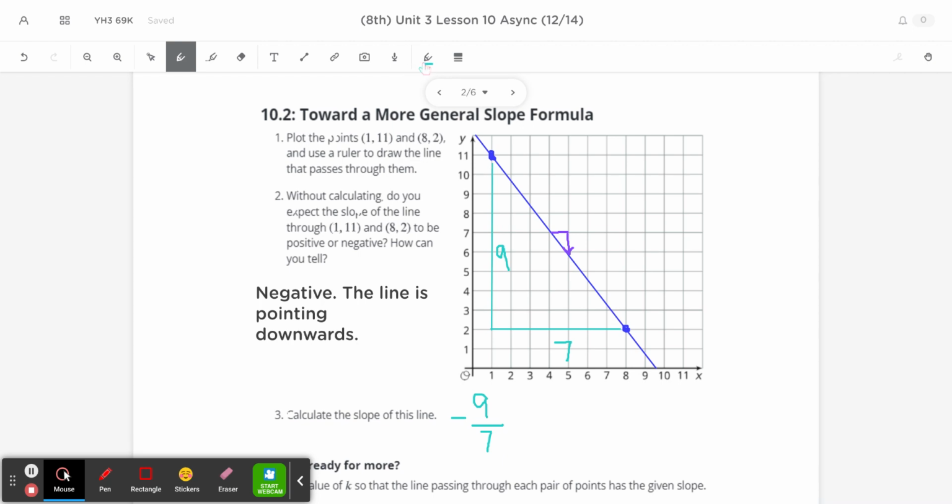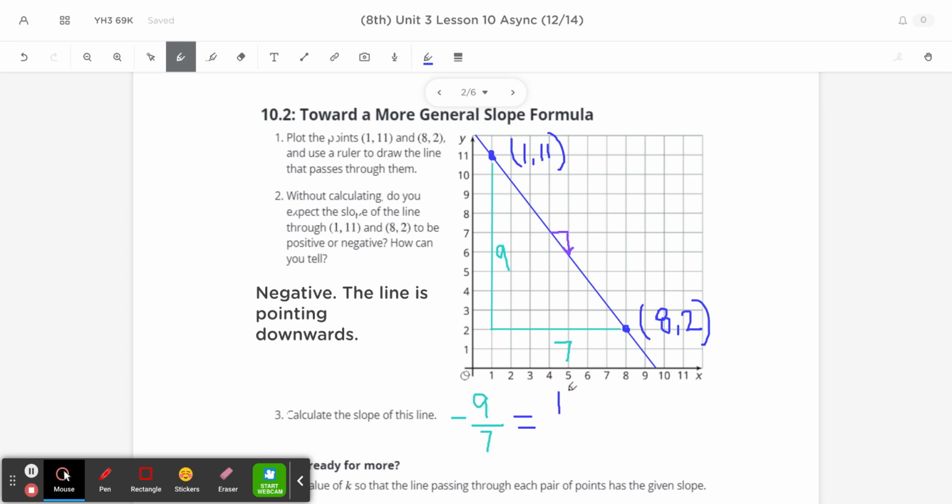Now, one thing we focused on today in class is that you can calculate the slope of the line without drawing a slope triangle. I know that the coordinates of this point here are (8, 2), and the coordinates of the other point that we drew were (1, 11). And so instead of drawing the slope triangle, I could have simply found the distance between the x-coordinates and the y-coordinates like this.